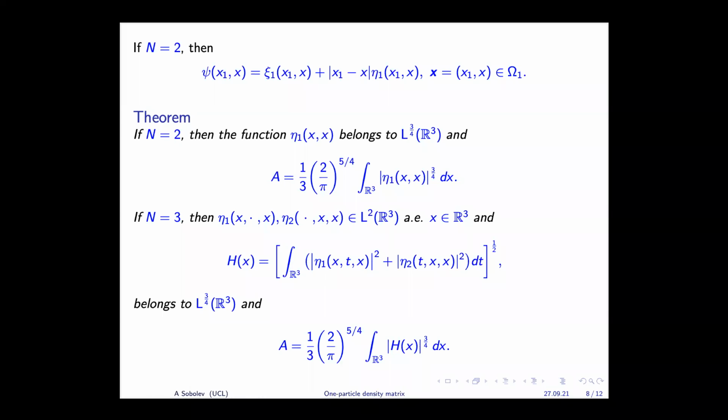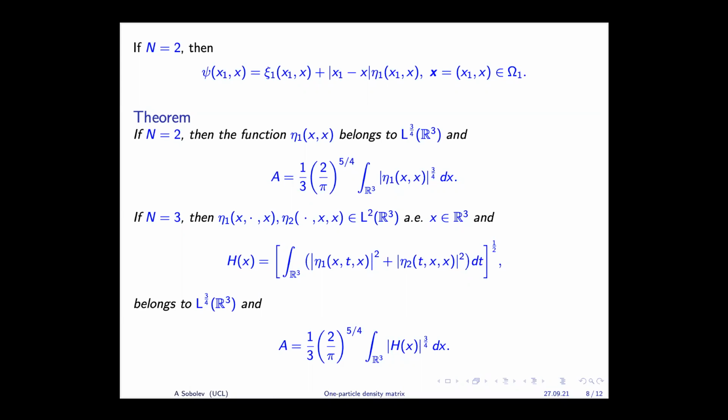And if you have many particles, then it is more or less clear what you need to do. You fix the pair, and then the function will be an L2 function of the remaining variables. Then you integrate in those remaining variables, and the result will belong to L3/4. And again, the result is like that. So that's the formula.